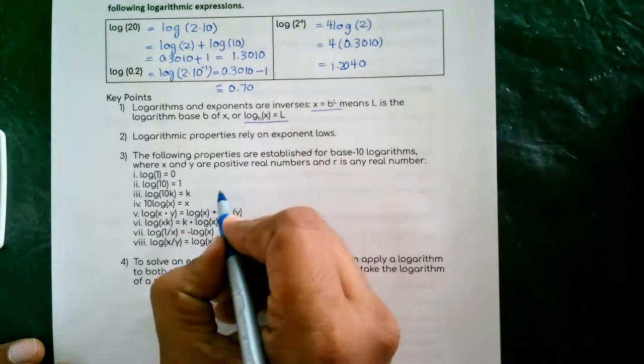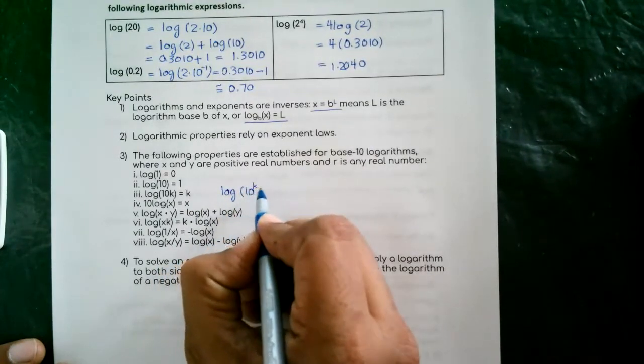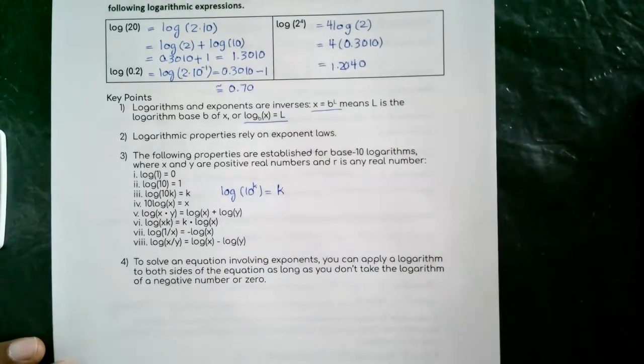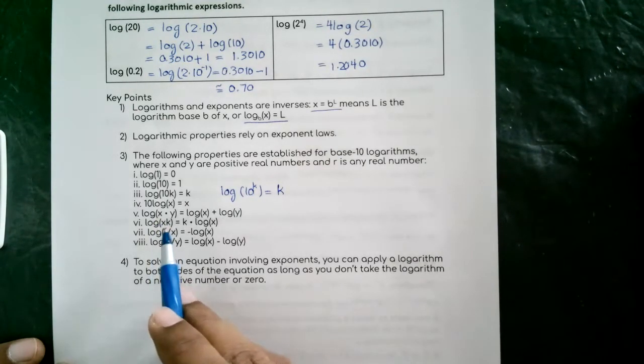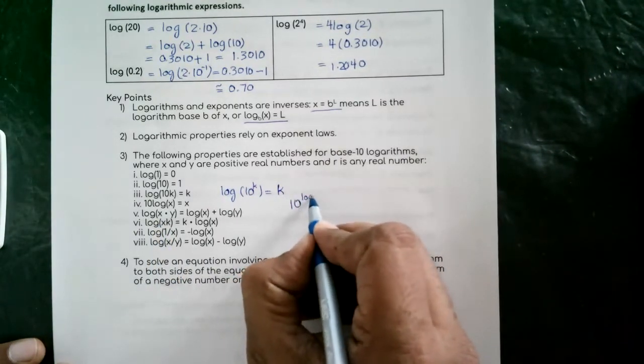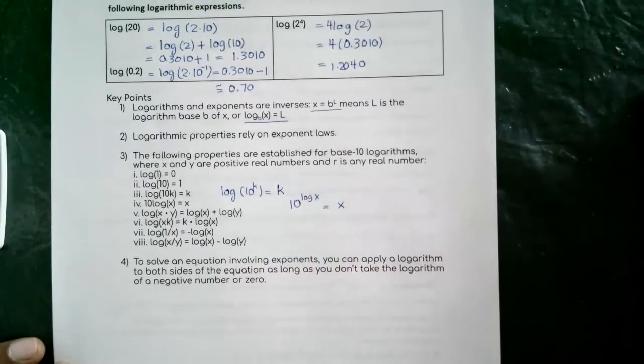So it should be not 10, it should be 10 exponent k. I'm sorry I couldn't make it an exponent, but when you have the log and then the base 10 with an exponent, they cancel each other out. Again, 10 exponent log of x is equal to x. Again, the exponent and the log cancel each other out.